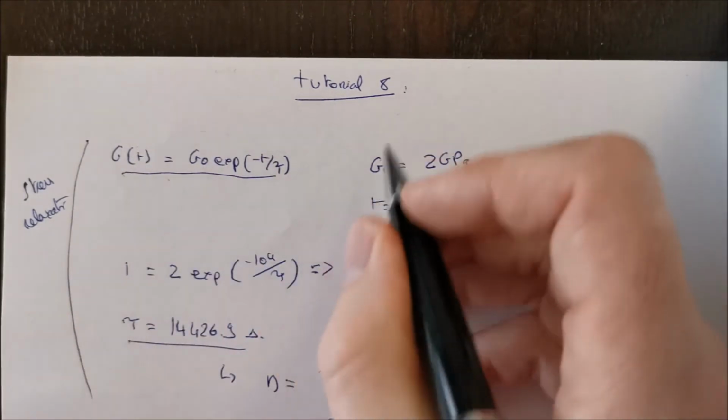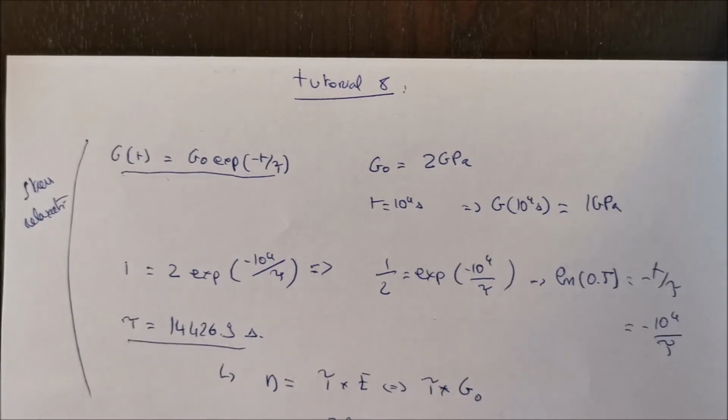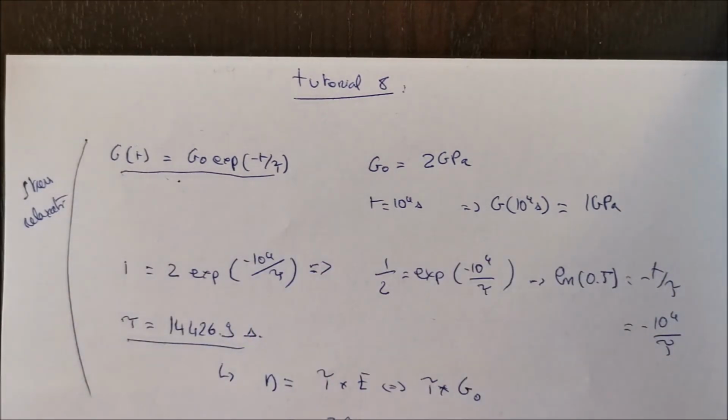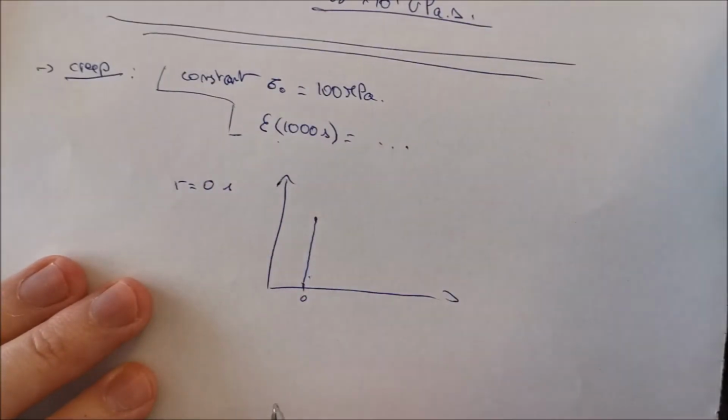So if you imagine this expression now, and if you were to plug in some values, you would see that at time equals 0, right when we apply the strain, say it's 0 here, we'll have an instantaneous rise. We'll have G equal G0, right? So this term cancels. So from this we obtain a very sharp rise.